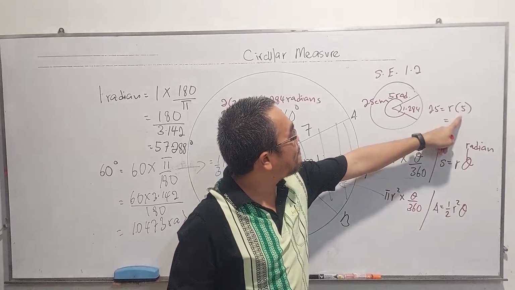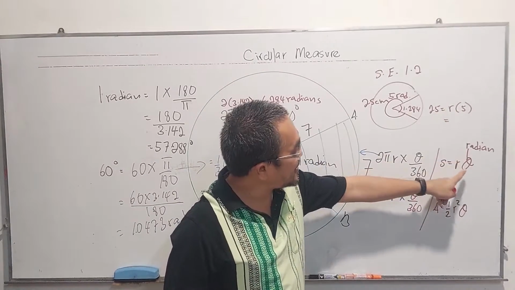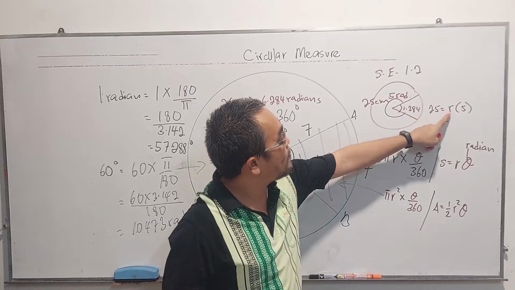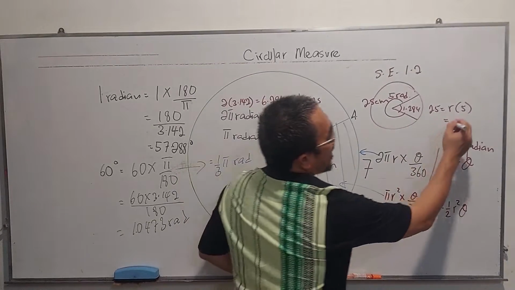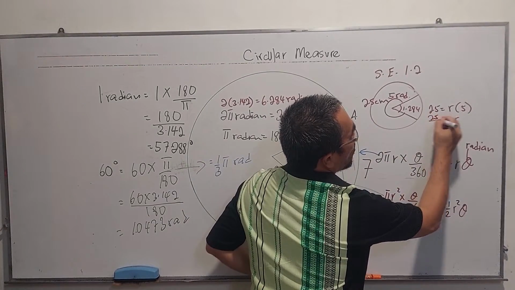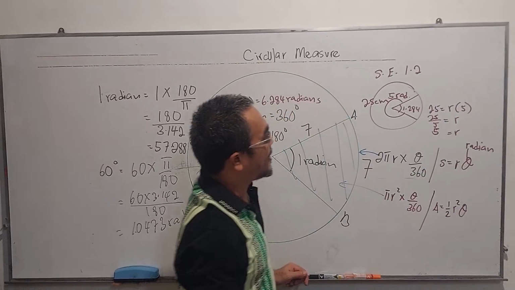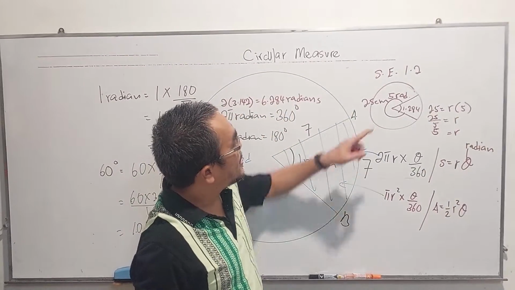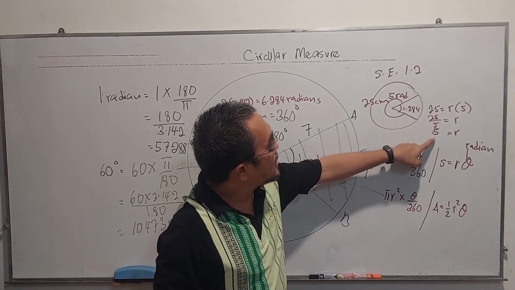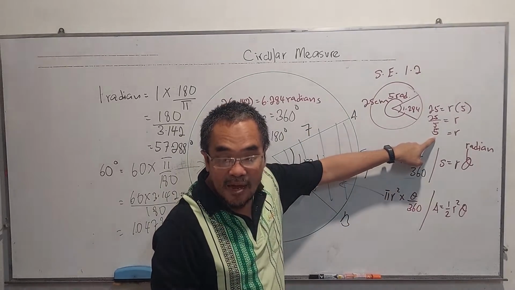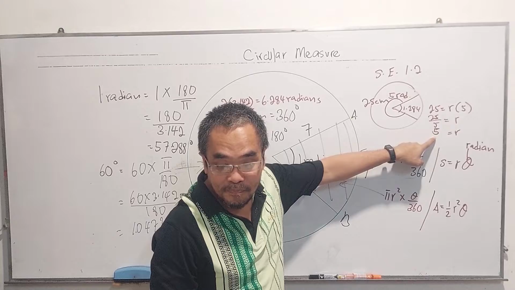R we do not know. So R is 25 over 5, so R is 5. So the radius is 5 centimeter.